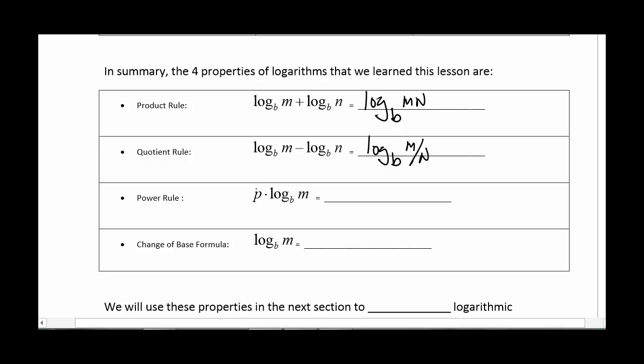Then we have the power rule: p times log base b of m I can bring up as an exponent. And then we have the change of base formula, which gives us log of m over log of b, or ln of m over ln of b. Kind of lets you pick and choose.